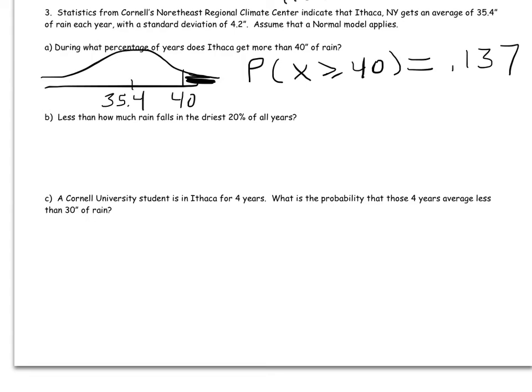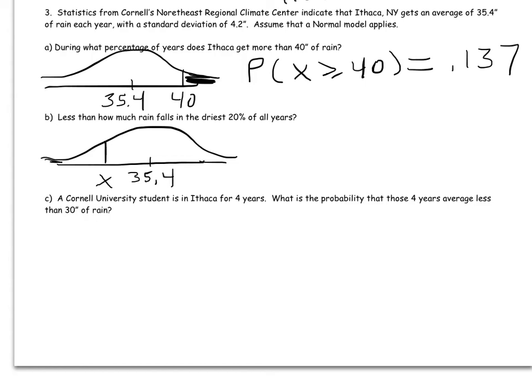Now Part B was very challenging because, at least in our class right now, we haven't done one of these problems in a couple of days. But here you had to draw the picture, the normal distribution, 35.4 is still in the middle. But now they're asking us to find the value, how much rain falls in the driest 20% of years.